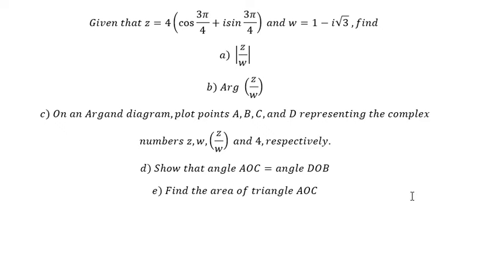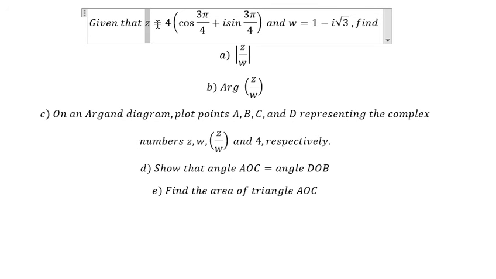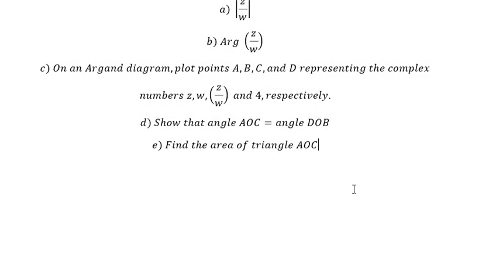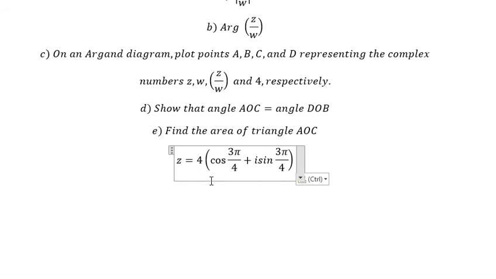So now I will show you the technique for how to answer from A to E. Before we calculate A, we need to calculate this one first. So we have this equation here. We have 4 multiplied with cosine and 4 multiplied with sine.